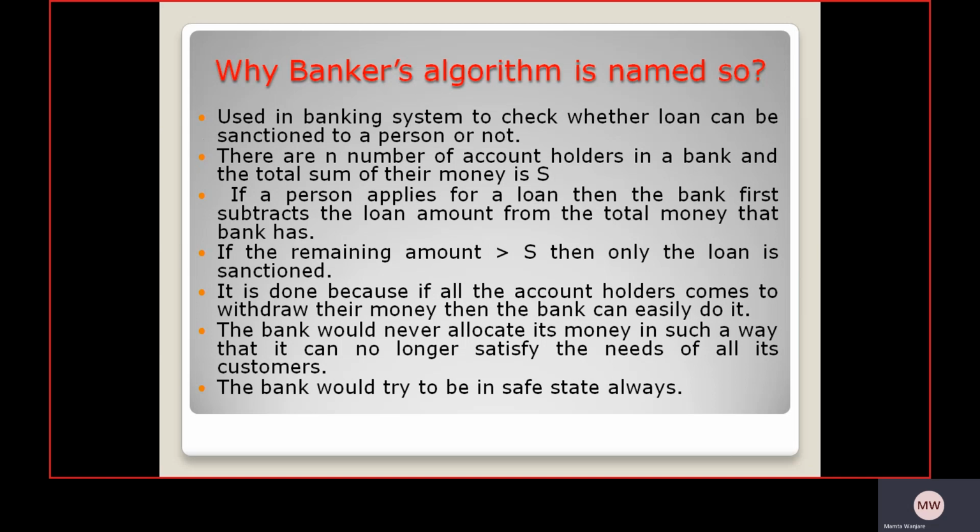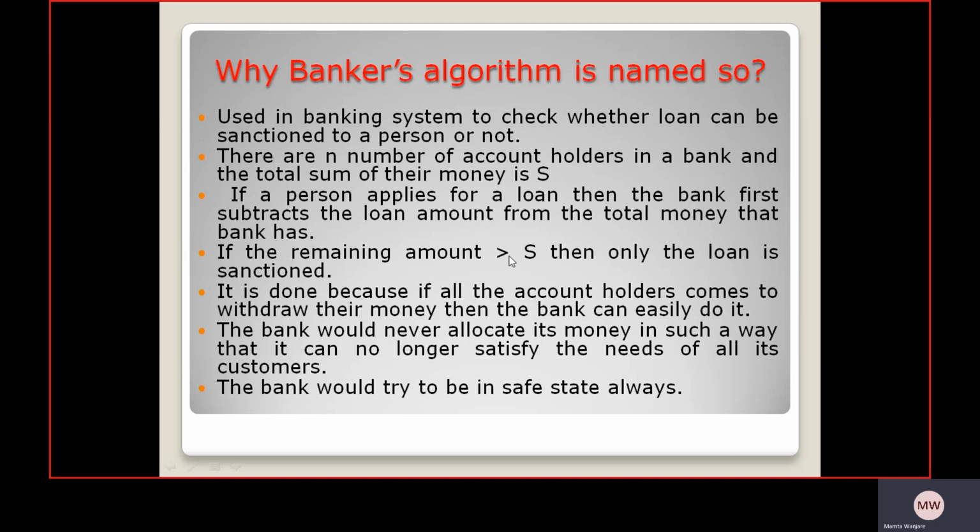Why is it named Banker's algorithm? Because it is used in the banking system to check whether a loan can be sanctioned to a person or not. There are n number of account holders in a bank and the total sum of their money is S. If a person applies for a loan, then the bank first subtracts the loan amount from the total money that the bank has.